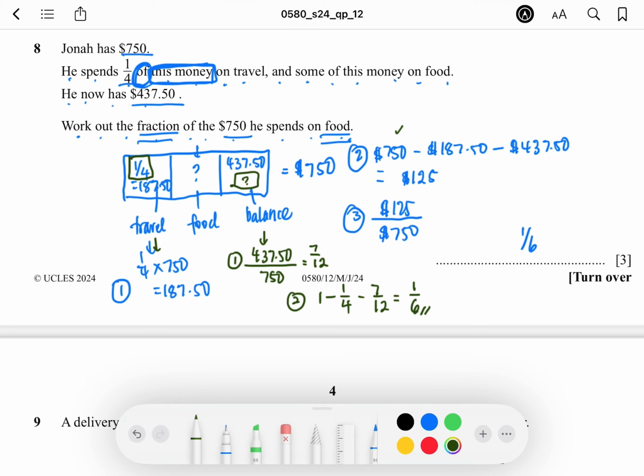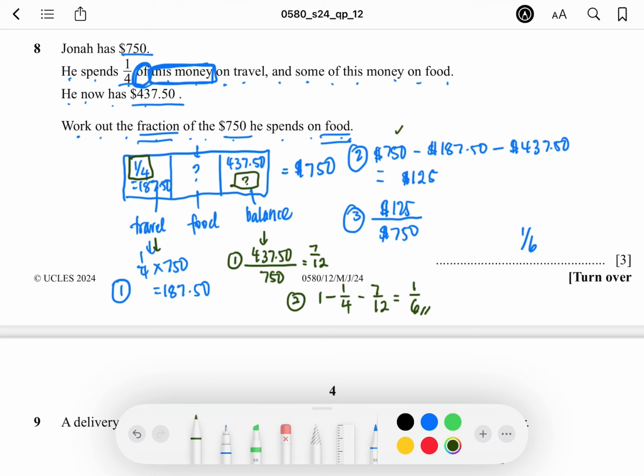Second? Okay. So second only works if you know how to change the value given into fraction, and you also need to know that the total fraction should be equals to 1. Total probability is equals to 1. Total percentage is equals to 100.